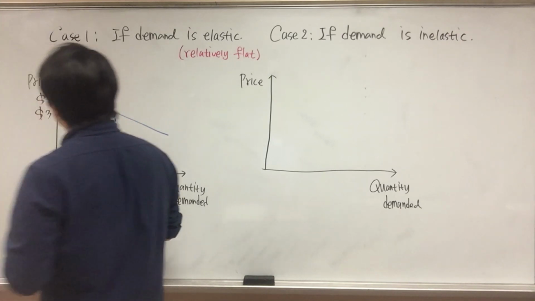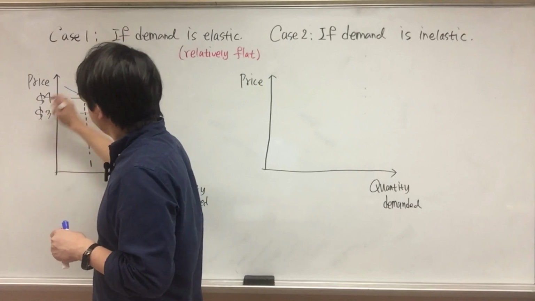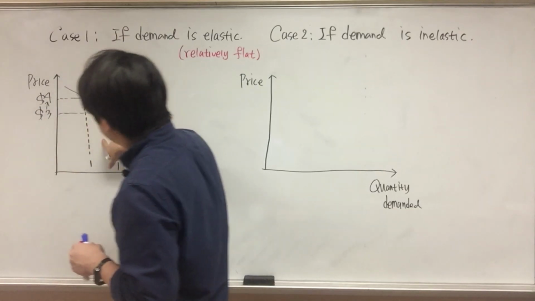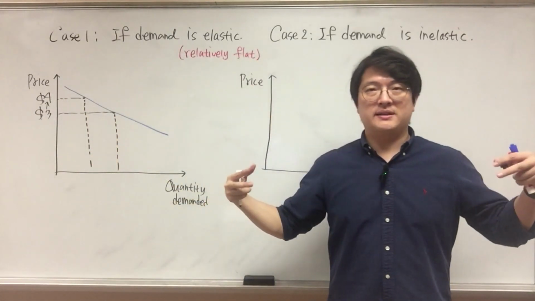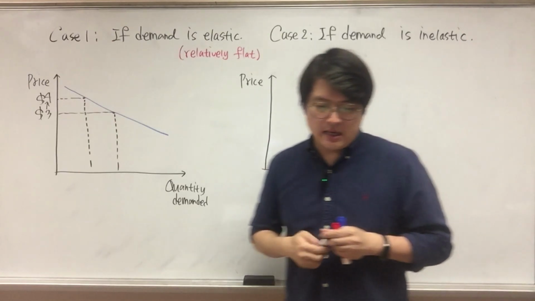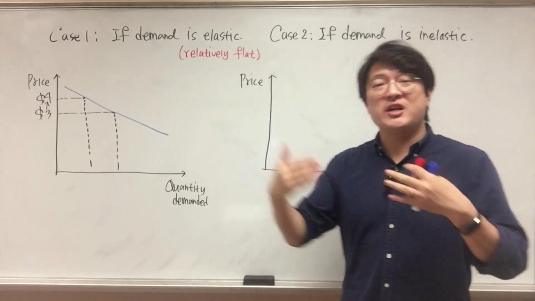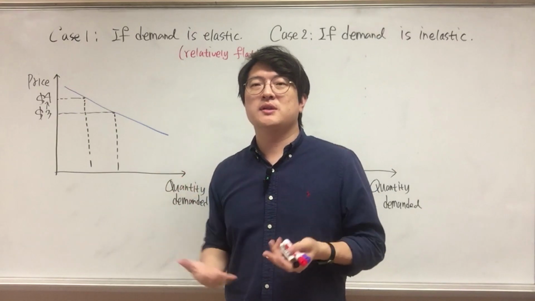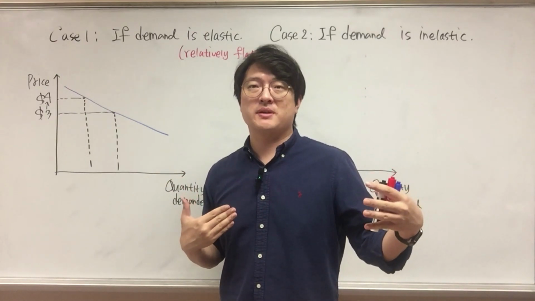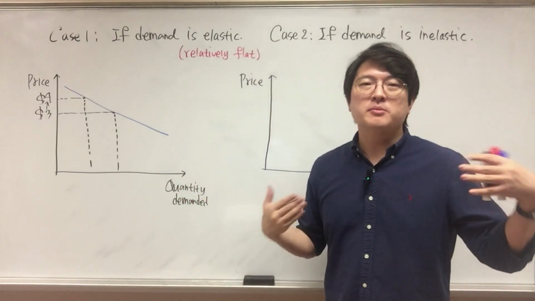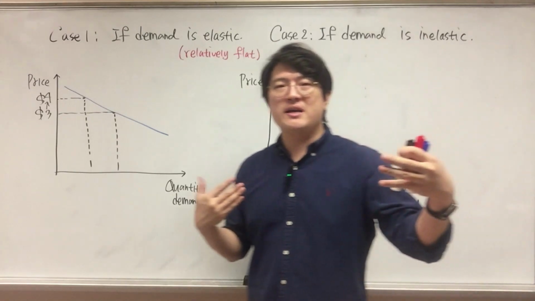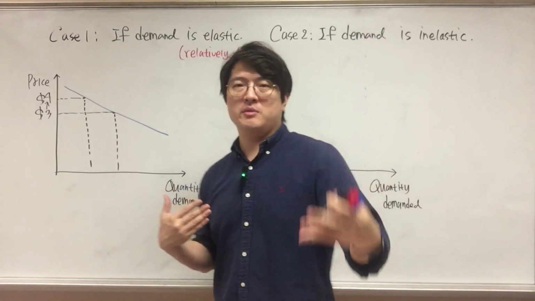So the price goes up. Changing quantities vary a lot, right? In this case, the price changes a little bit, the quantity demanded will change significantly, right? So by lower demand, the higher price will naturally lead to the small profits.